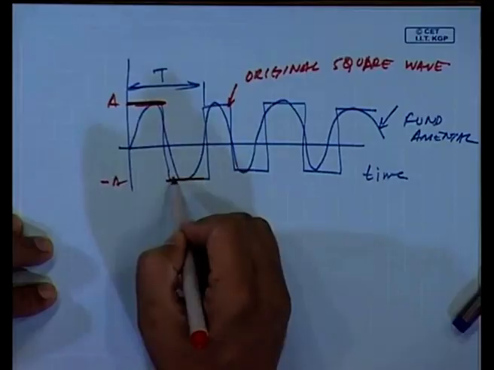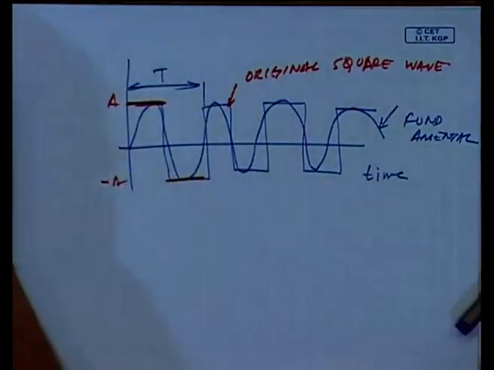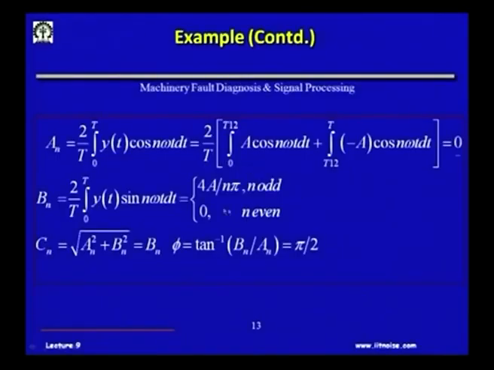So, I have broken up the signal into two halves, and then similarly if I do this, I will land up with a component of this form, a n is 0 and b n is equal to 4A by n pi. So, a square wave can be broken up into different components.